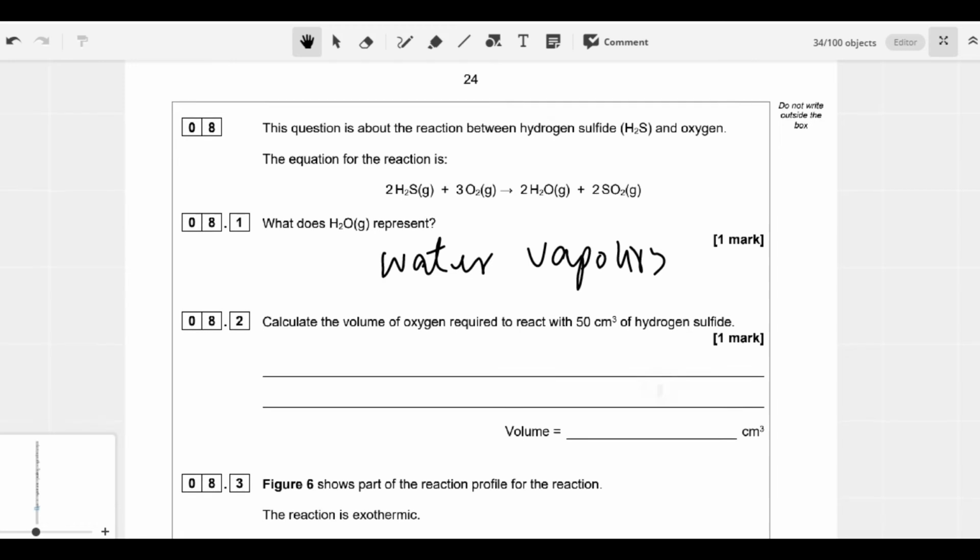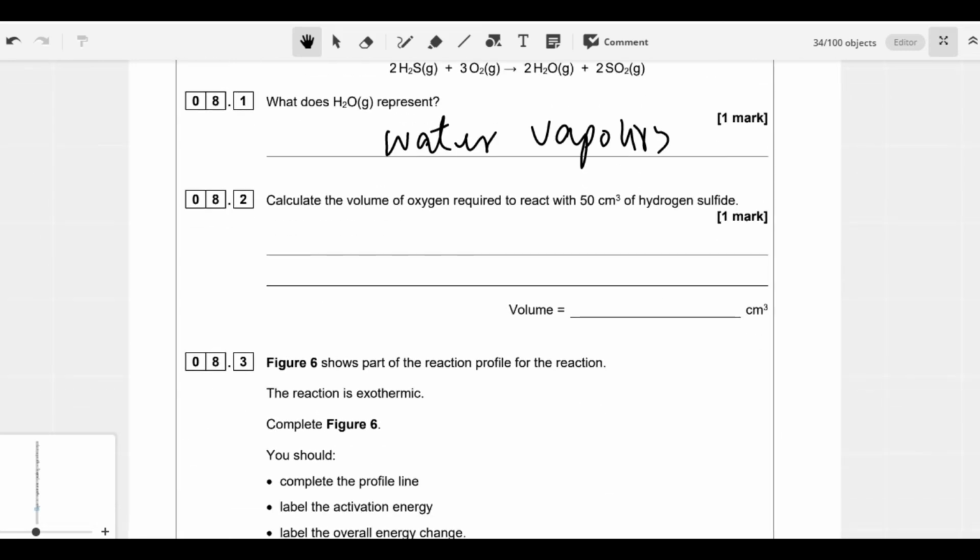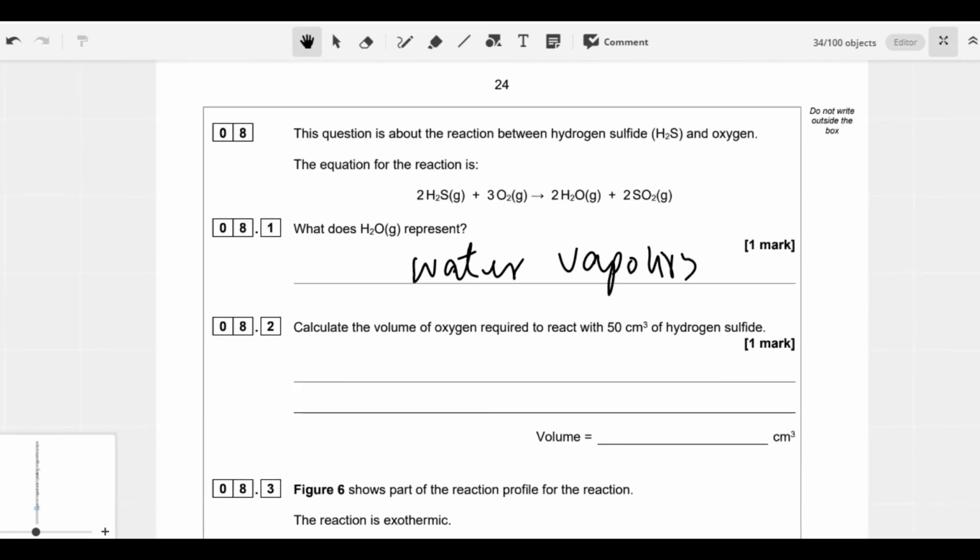Okay, the next question: calculate the volume of the gas required to react with 50 cm³ of hydrogen sulfide. We already did the same type of question previously, so you need to check the procedure for the calculation of the volume of the gas.